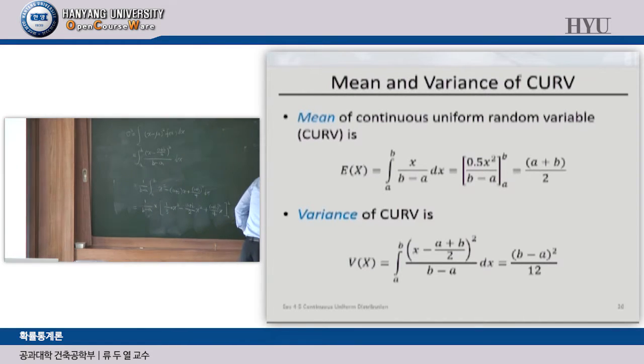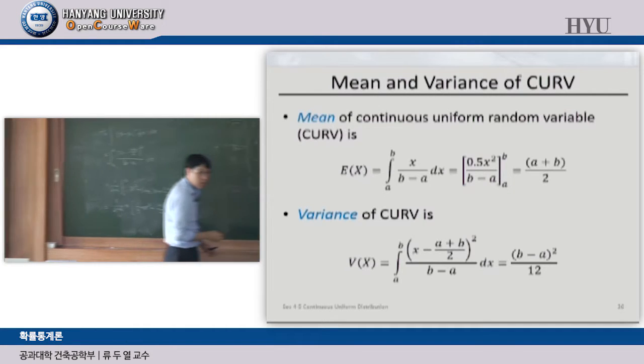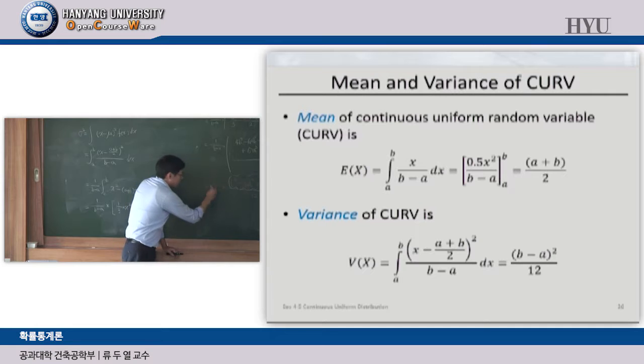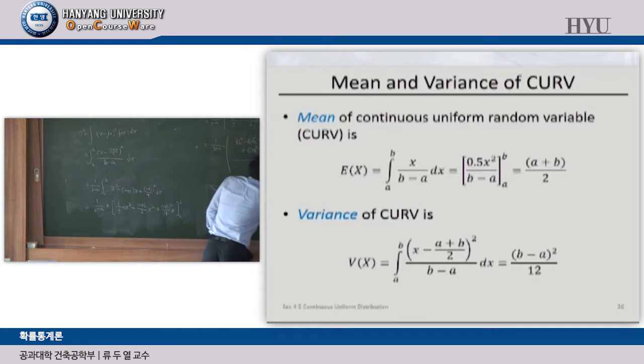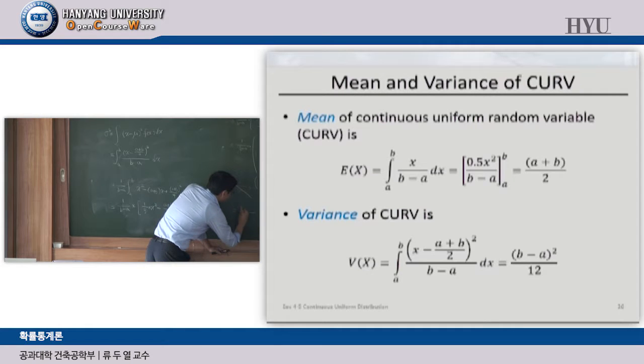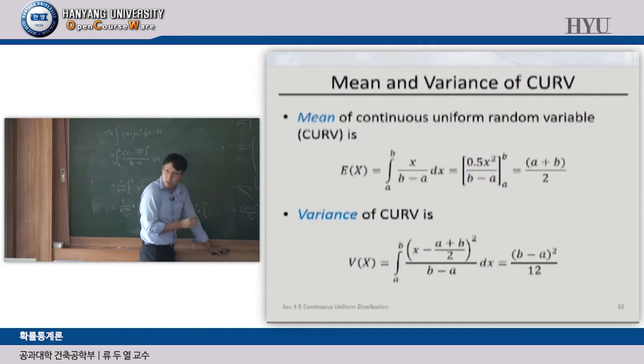So what is this? (b minus a) to the third power. Okay? So this can be eliminated and 2 is left here. So finally we obtain (b minus a) squared over 12. Okay?